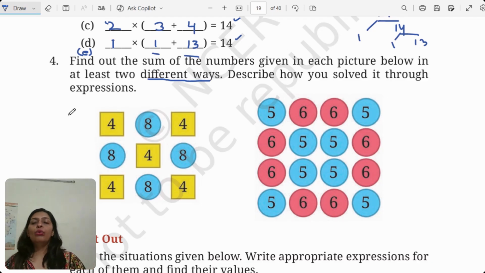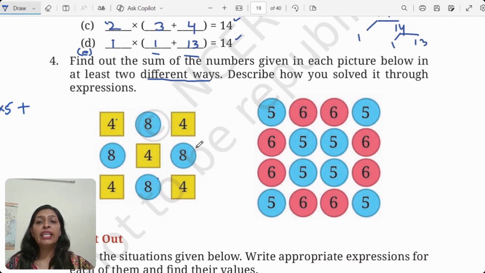One possible way is to check how many fours there are: 1, 2, 3, 4, 5. So I have 4 multiplied by 5, plus how many eights are there? 1, 2, 3, 4. So it is 4 multiplied by 8.